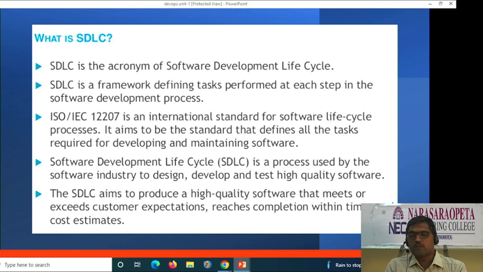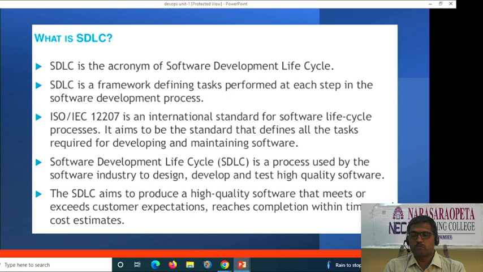The software development life cycle is a process used by the software industry to design, develop, and test high quality software. The SDLC aims to produce high quality software that meets or exceeds customer expectations and reaches completion within the time and cost estimates.